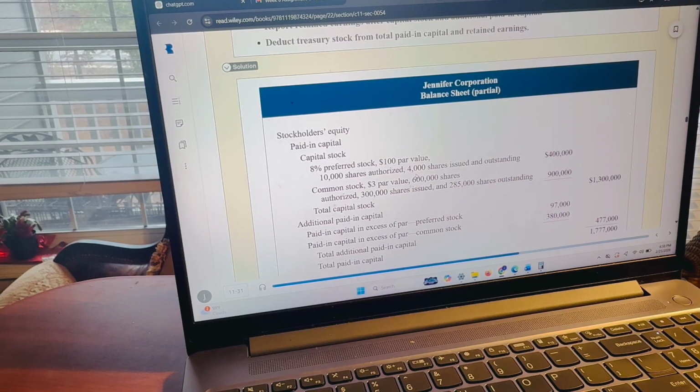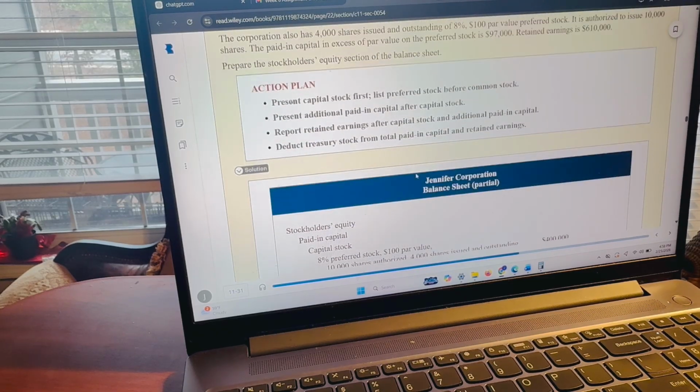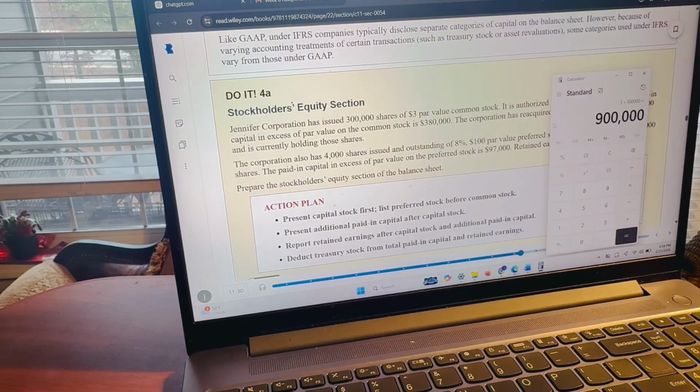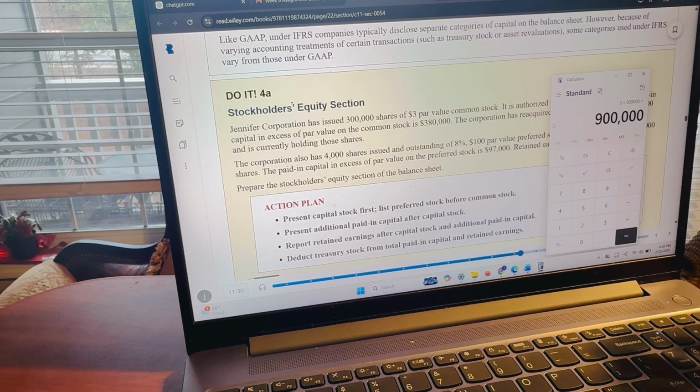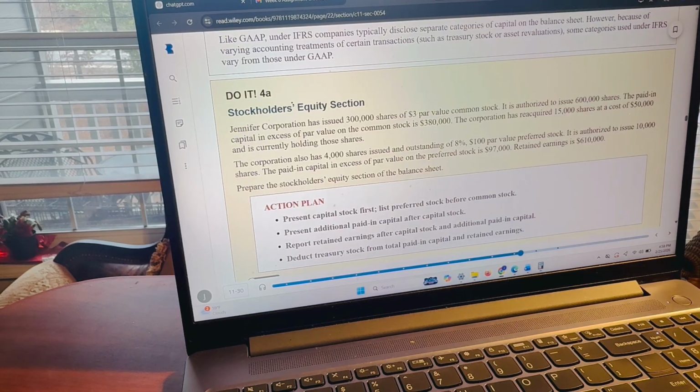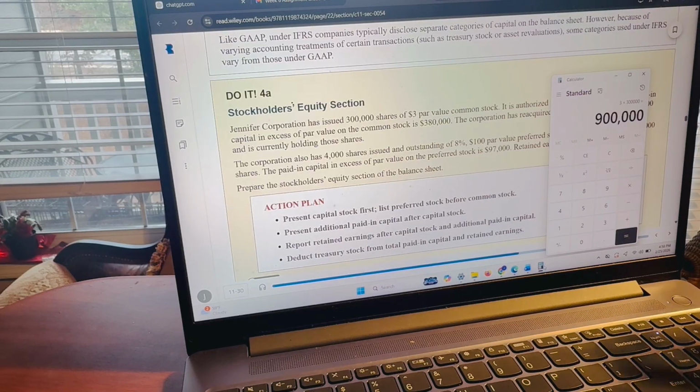It's technically not real because it's the part that's sectioned off for creditors. All right, so we have that. So now we take the paid in capital in excess of par, which is 380,000.